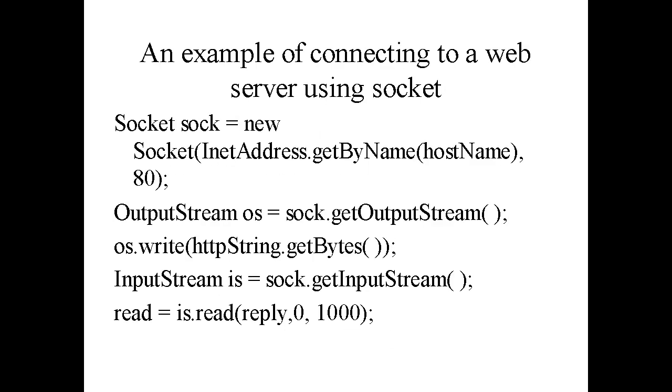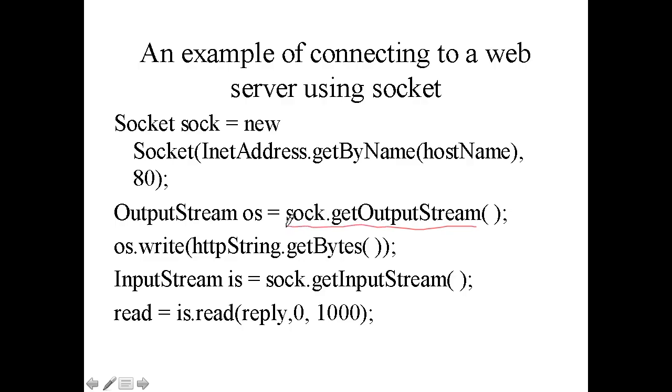And here's the basic example. You put in a host name, you get the internet address from the string host name, then you create a socket on a specific port. In this case, port 80 is being used, and the socket is then used to create an input stream or an output stream.